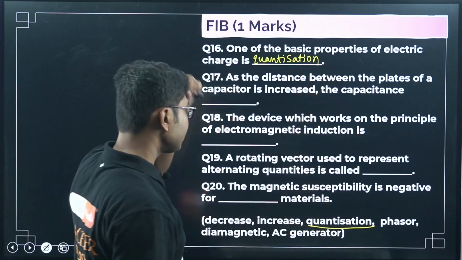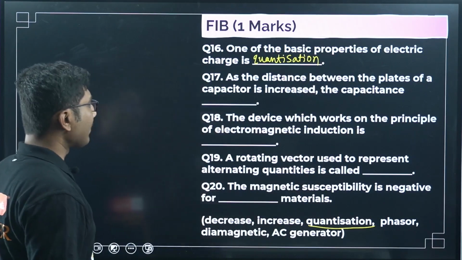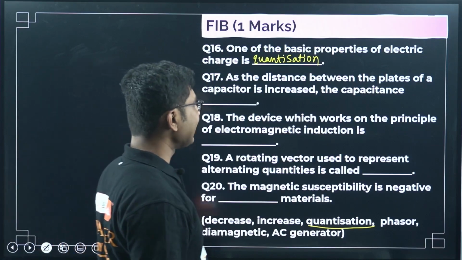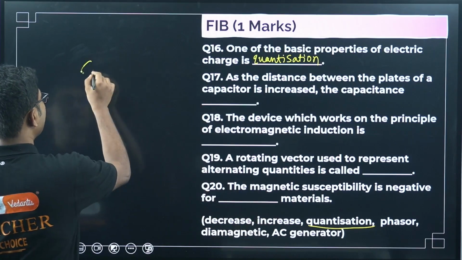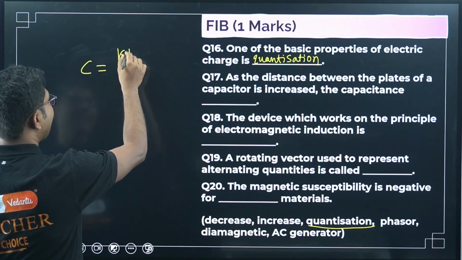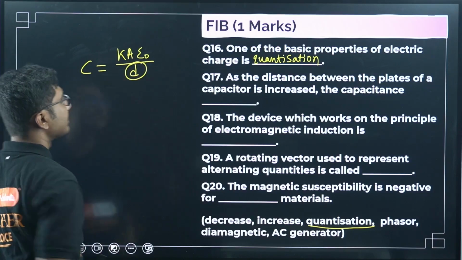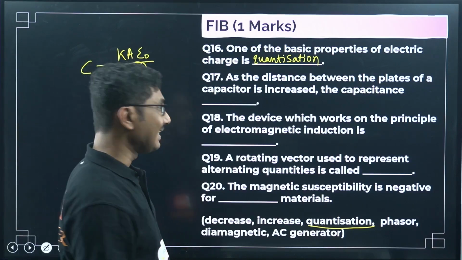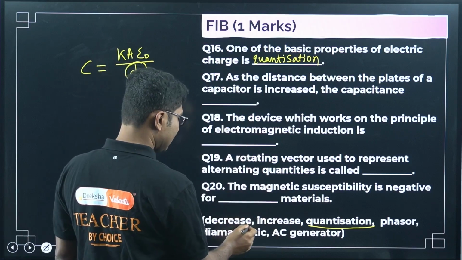Now, as the distance between the plates of a capacitor is increased, the capacitance, as you increase the distance between the capacitor plates, we know that capacitance is given by K epsilon naught A by d. So if you increase the distance, the capacitance will decrease because it's inversely proportional. So the correct answer is decrease.